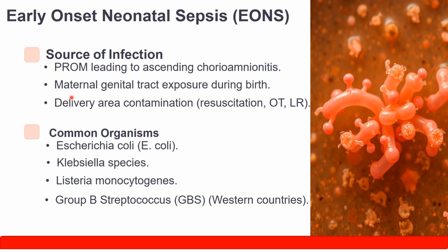And second is maternal genital tract during the birth or during delivery. And third source is delivery, which is contaminated in the operation theatre or labor room while you are resuscitating the babies. And the common organisms for early onset sepsis are E. coli, Klebsiella, Listeria monocytogenes, and group B Streptococcus, which is in the Western countries.